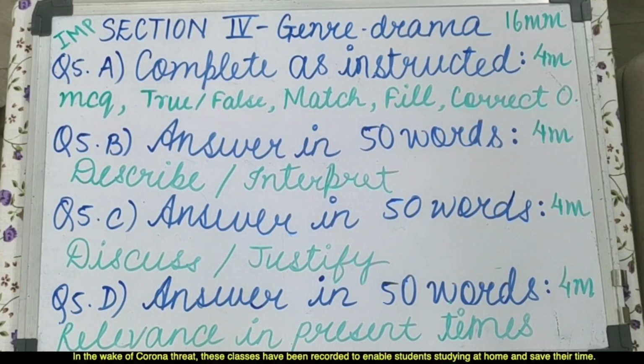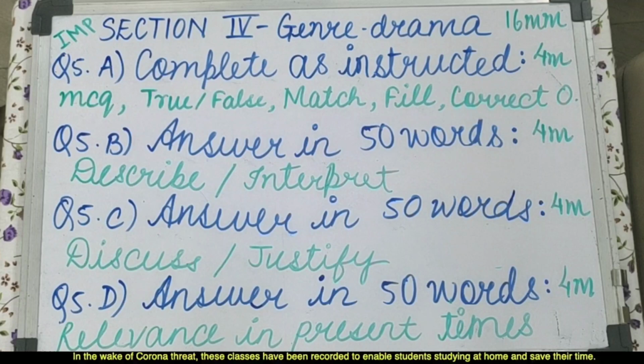I repeat, it is a very important aspect because it carries 16 marks. The new thing is that in this section, no passages are given. I repeat, no passages are given. For this, you need to have a thorough knowledge of this section.